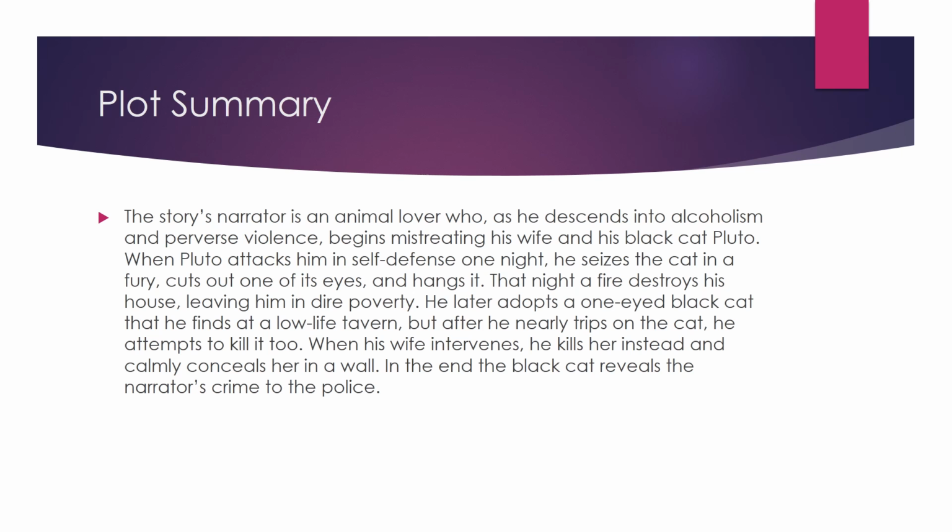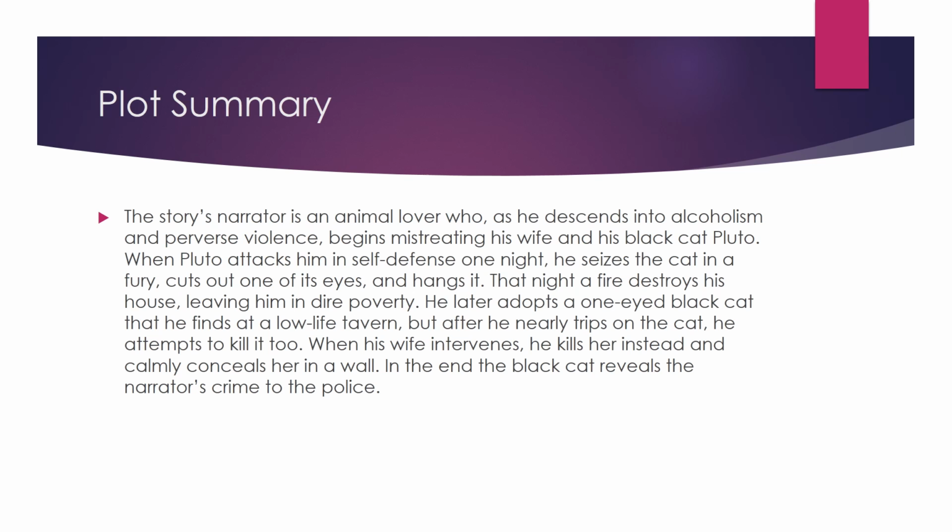So, let's take a plot summary here. The story's narrator is an animal lover who, as he descends into alcoholism and perverse violence, begins mistreating his wife and his black cat Plato. When Plato attacks him in self-defense one night, he seizes the cat in a fury, cuts out one of its eyes, and hangs it. That night, a fire destroys his house, leaving him in dire poverty.